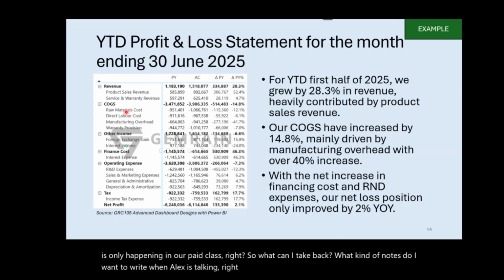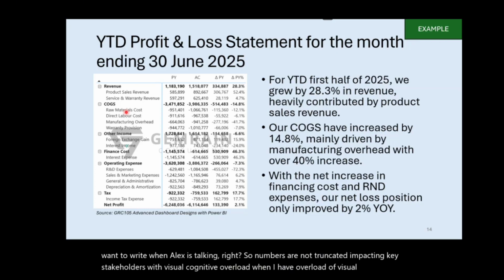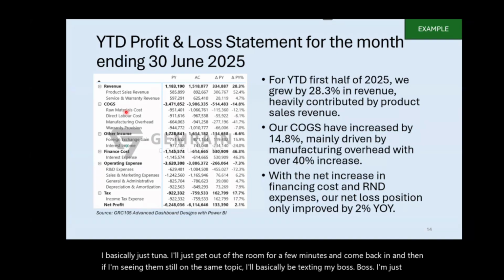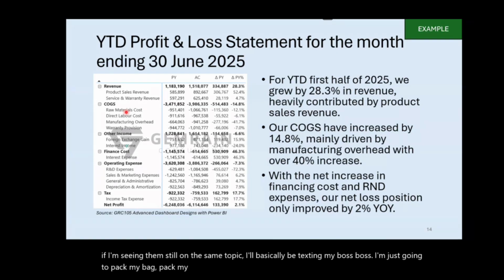So numbers are not truncated, impacting key stakeholders with visual cognitive overload. When I have visual cognitive overload, I basically just tune out. I'll get out of the room for a few minutes and come back in. And if I'm seeing them still on the same topic, I'll be texting my boss, I'm just going to pack my laptop and go outside and focus on the work that you actually want me to do, due next Monday, right?